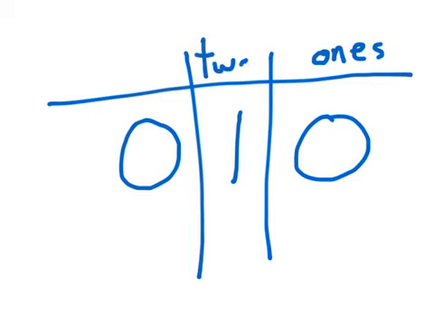In this case, since we are using binary, the base is 2. Binary is base 2. So now remember, every column is going to be twice as big as the column to the right. So we have 1, then 2. What comes next? Well, 4, because 4 is double 2.